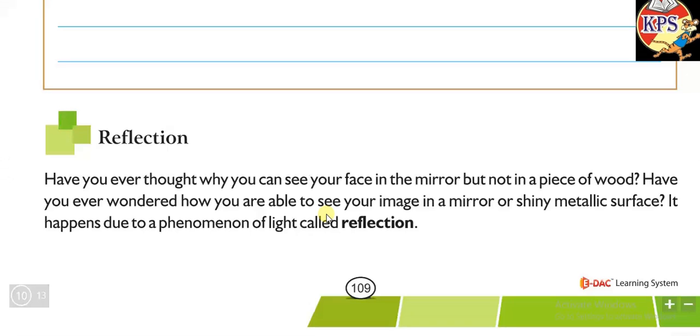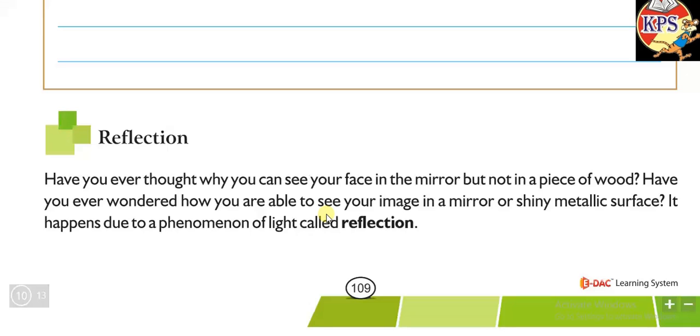It happens due to the phenomenon of light called reflection. You cannot see your face on a wooden gate or any plastic surface.